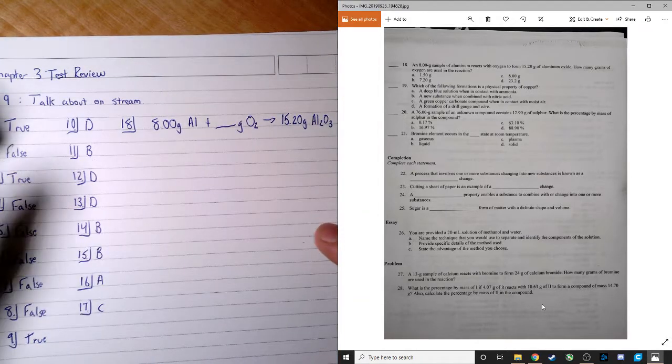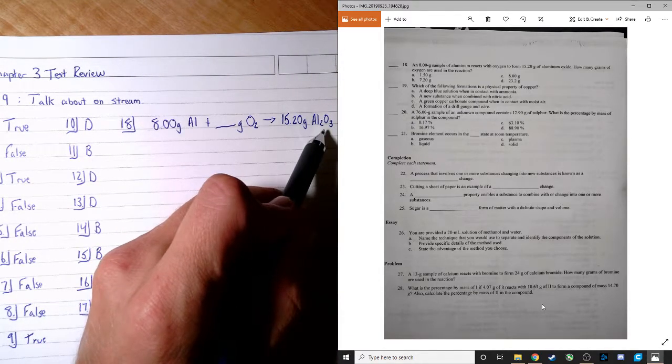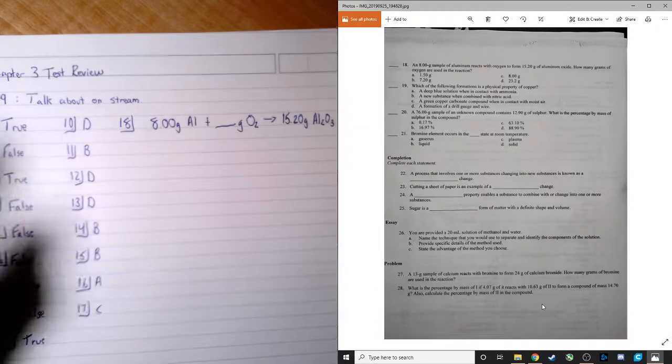Don't worry about those numbers that I wrote down here, the subscripts. We'll be getting to that in a couple of chapters.